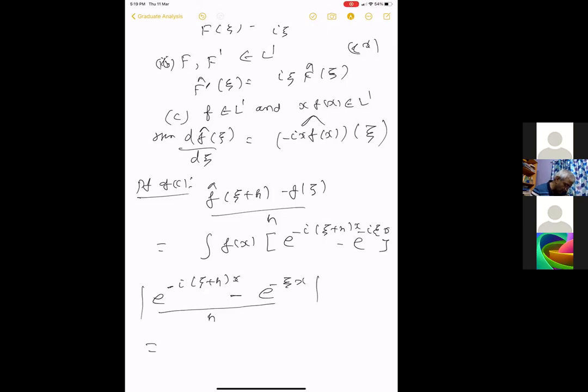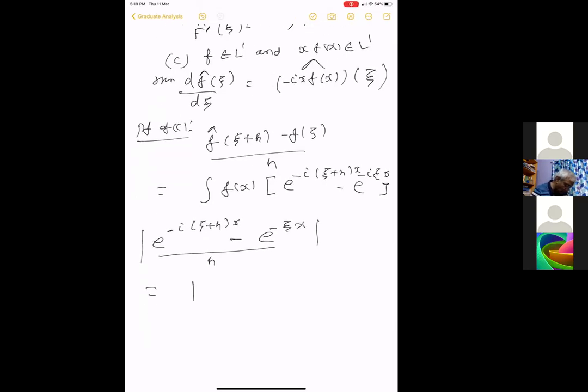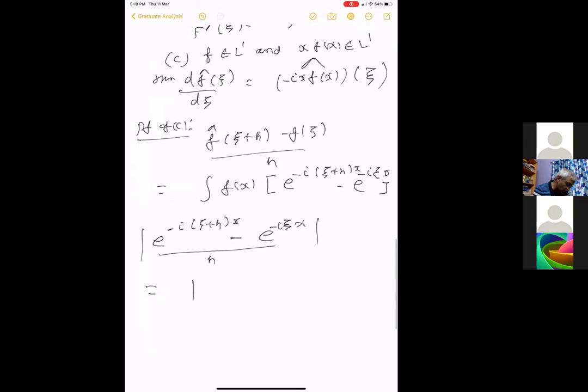This modulus is equal to, you can take e power minus i xi x out, then you get the modulus of e power minus i hx minus 1 by h. So the point is, this is less than or equal to mod x. This is right.